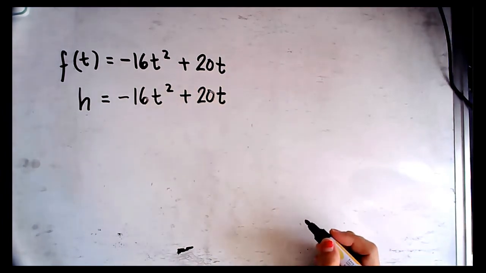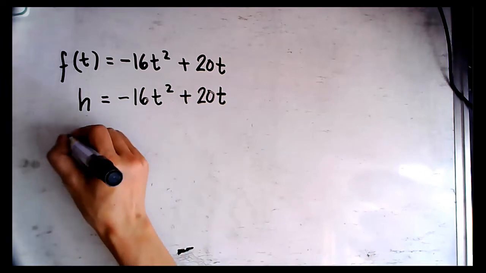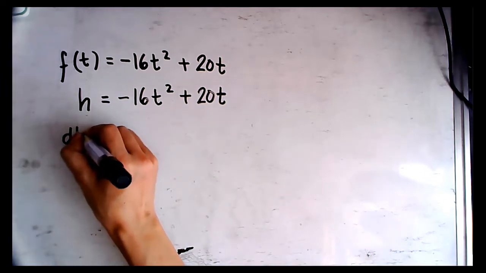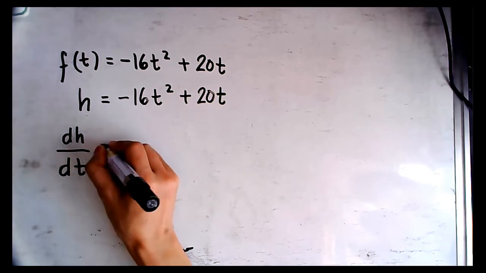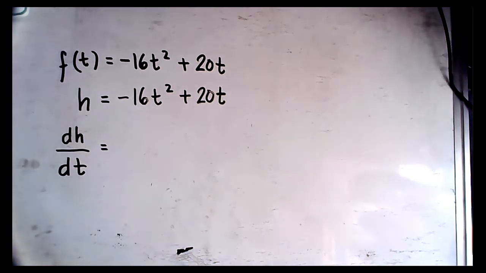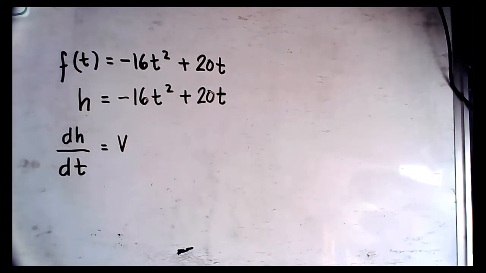So if you are going to determine the change in height relative to the change in time, we can say we have dH over dt. Any relationship with the change in height relative to the change in time will definitely give us the equation for the velocity.